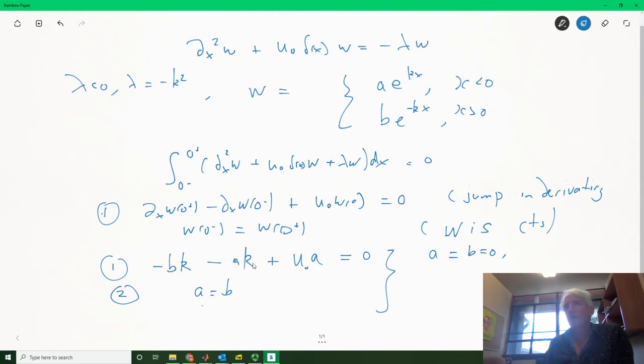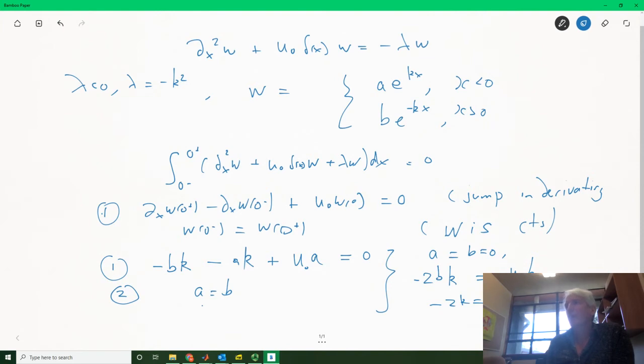So we've got minus 2b times k must be equal to minus u naught b, assuming we're replacing a with b. Only in the case when minus 2k is equal to minus u naught do we have a non-trivial solution.